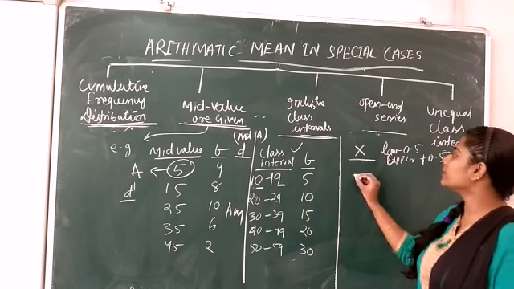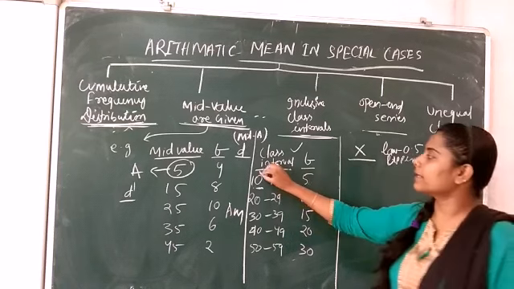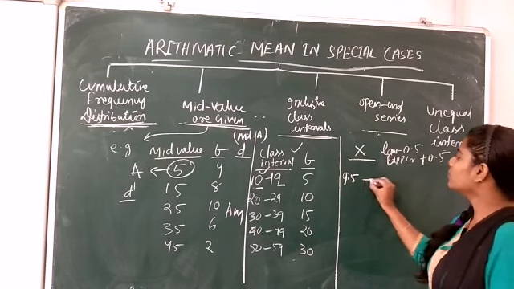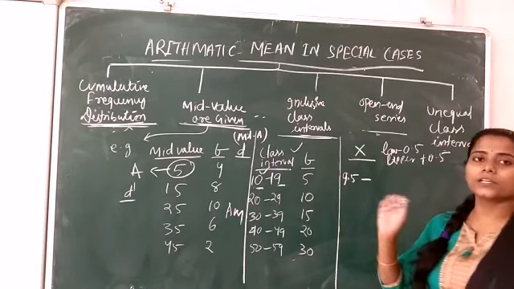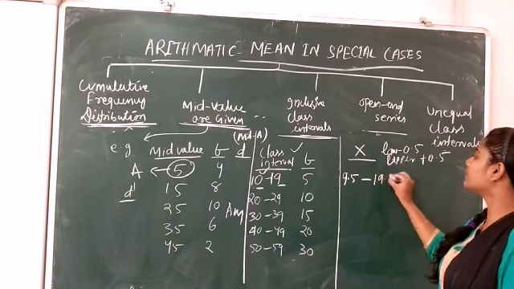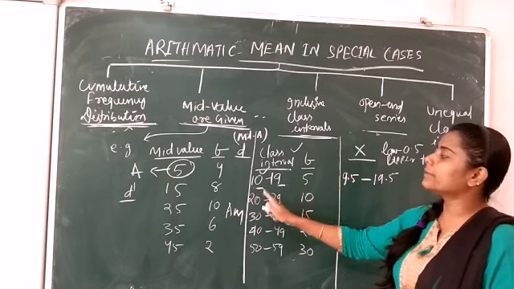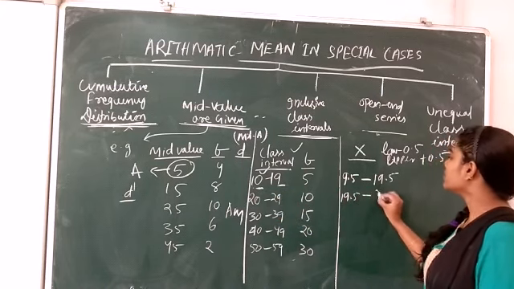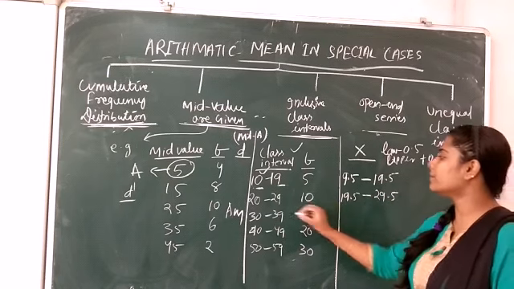So the class will be, if we minus 0.5 from 10, the answer will be 9.5. The second is your upper class plus 0.5, that means 19.5. Then so on, 20 minus 0.5 will be 19.5, minus 29.5, means 19.5 to 29.5.